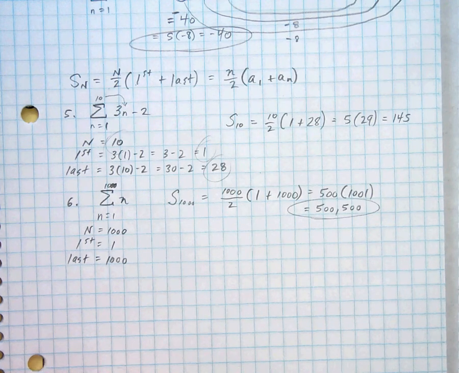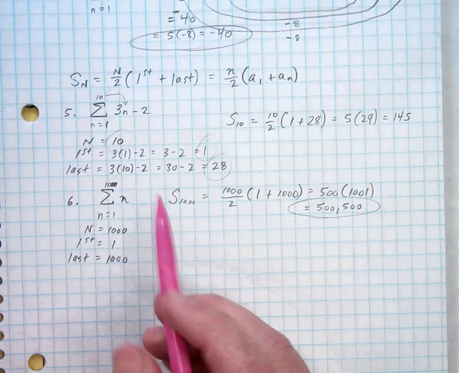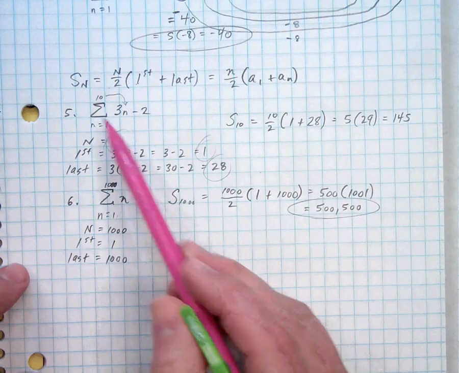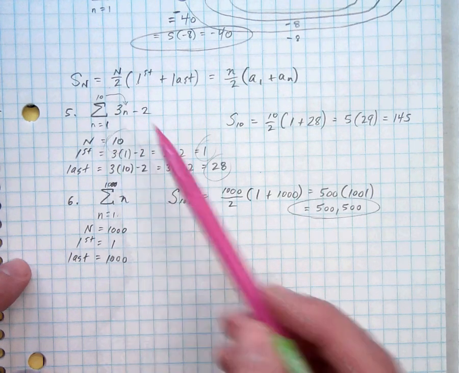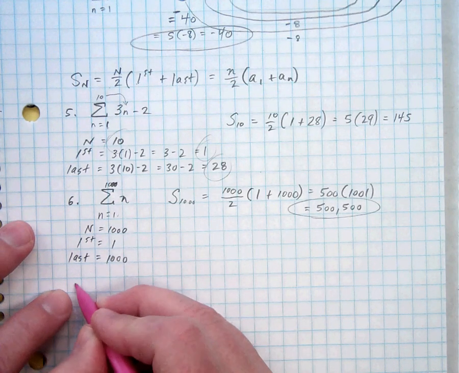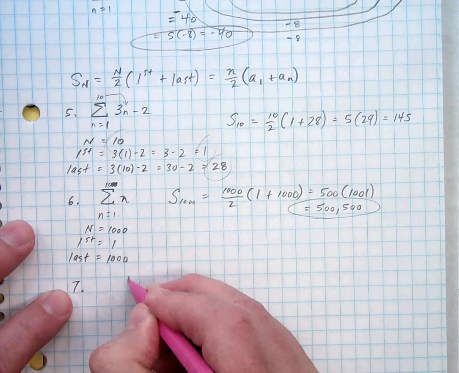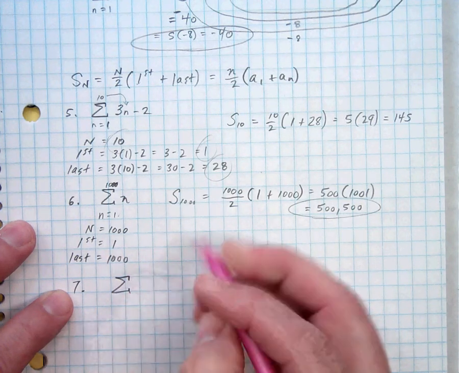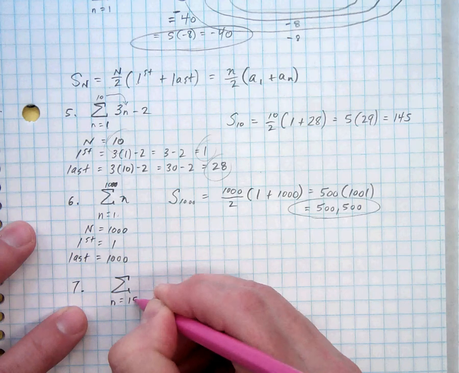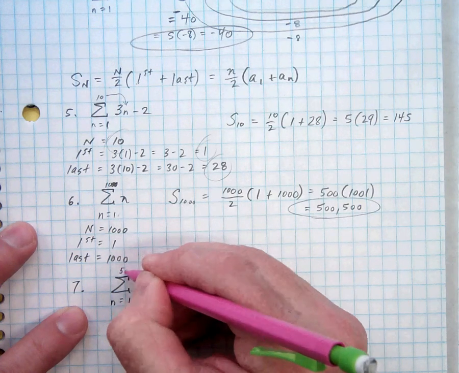All right. So all of these that I've done so far, if you've noticed, they start with 1, 1 on the bottom. They don't have to, so let's do one where it doesn't start with the first number. Let's say I do n equals 15 to 50.